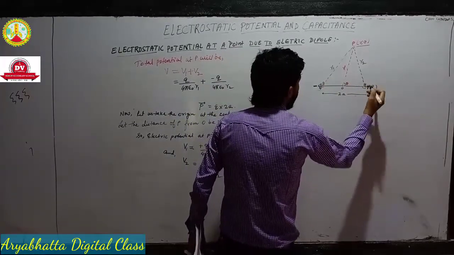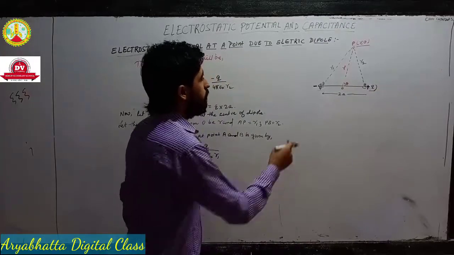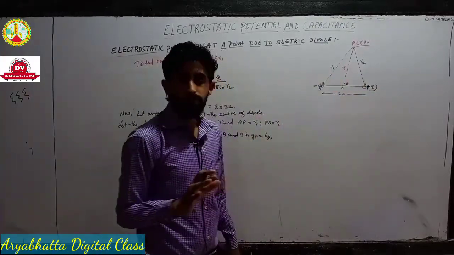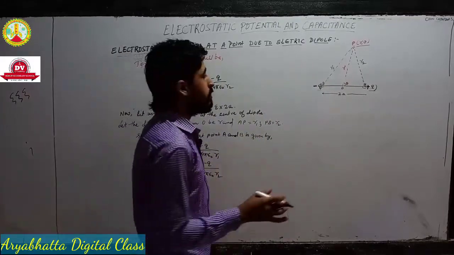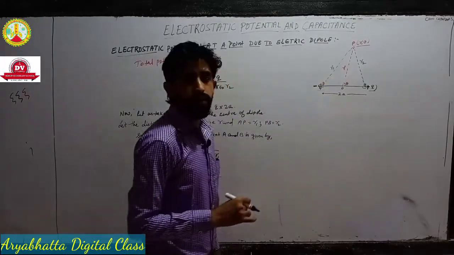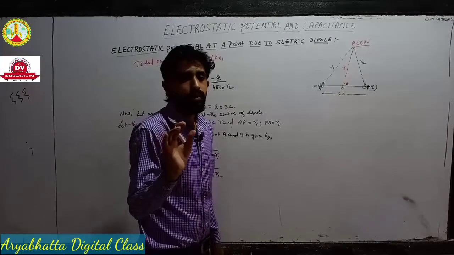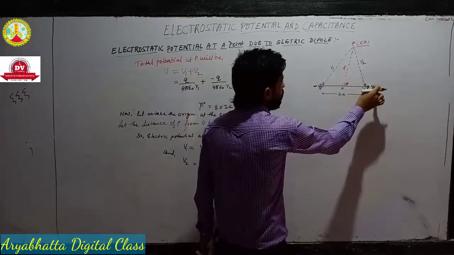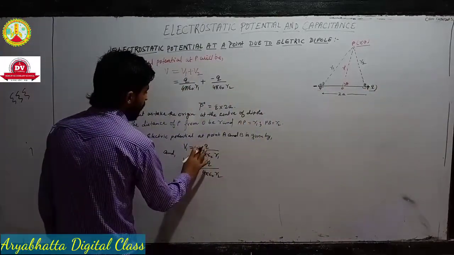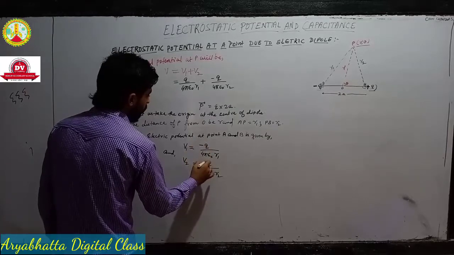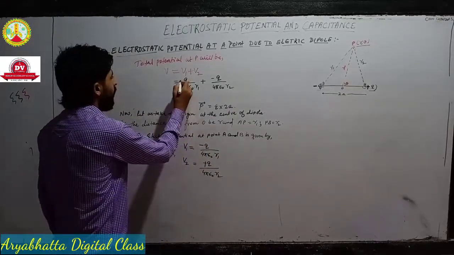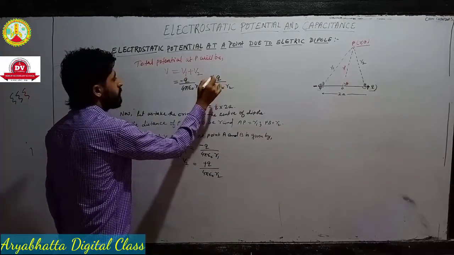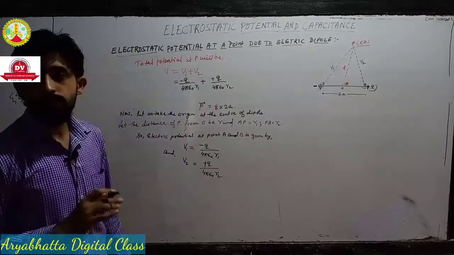I'm telling you, even if by mistake you make it positive and negative, nothing will change. You can do it like that also. No need to memorize, just know how to find it. So if I take minus plus, nothing will happen. Just this V1 will become minus and V2 will become plus. Is this part okay?